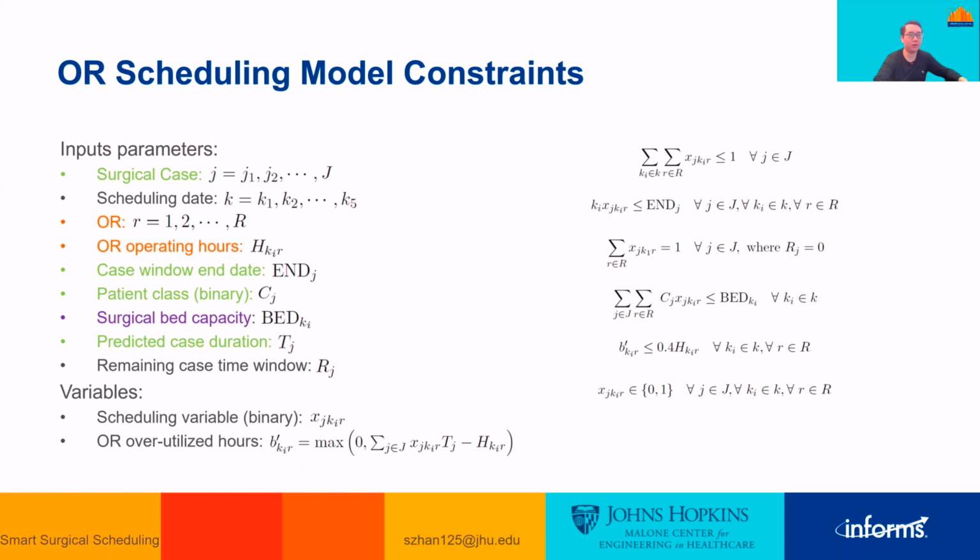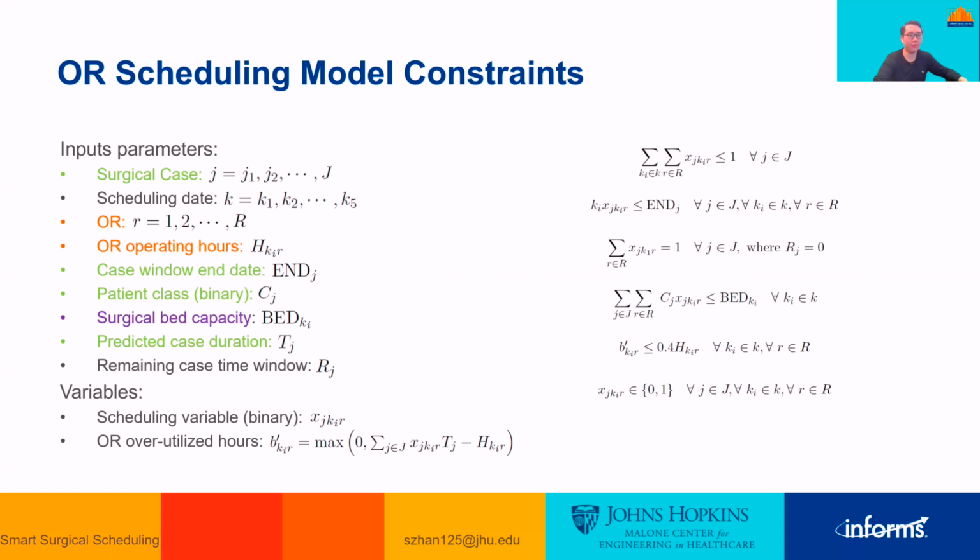The input parameters are surgical case J, scheduling date K, OR R, OR operating hours H_KR, last day of the case window N_J, binary patient class C_J equals 1 if inpatient equals 0 if outpatient, daily surgical bed capacity Bed_K, predicted case duration T_J, and remaining case time window R_J.